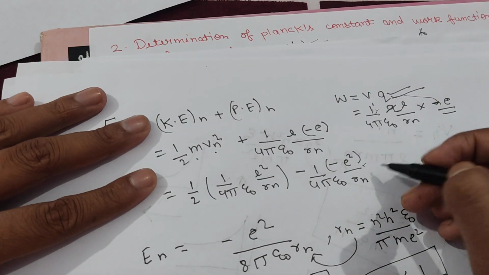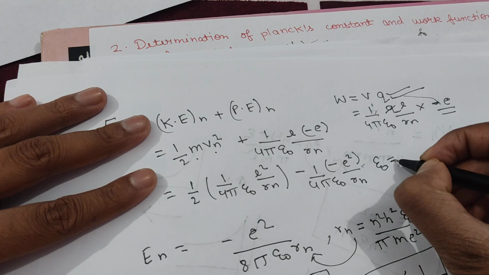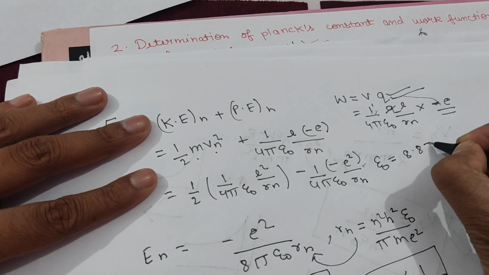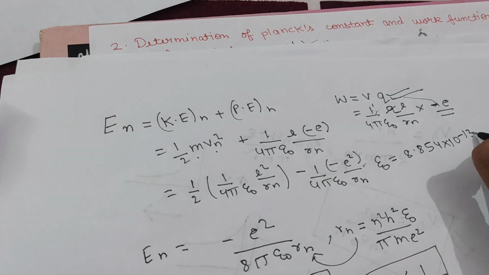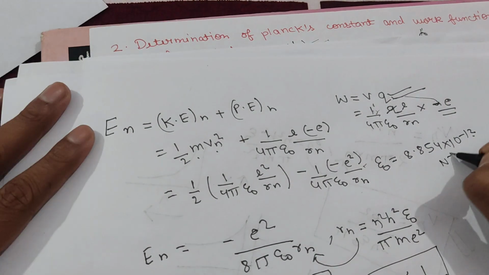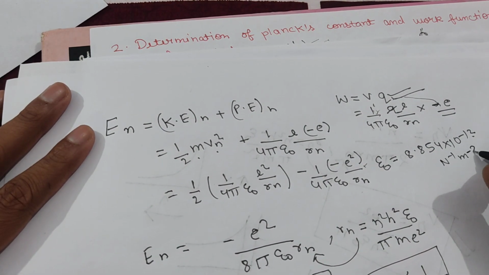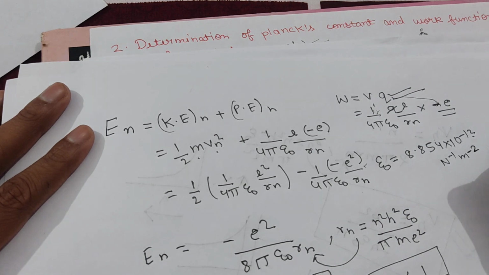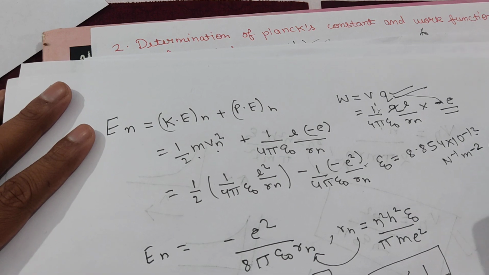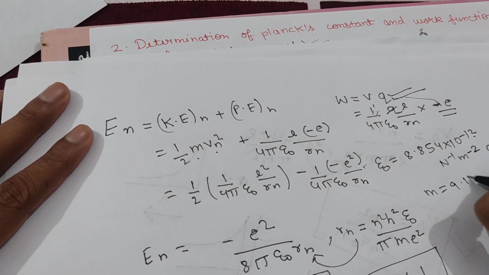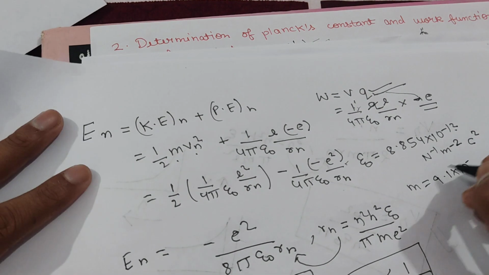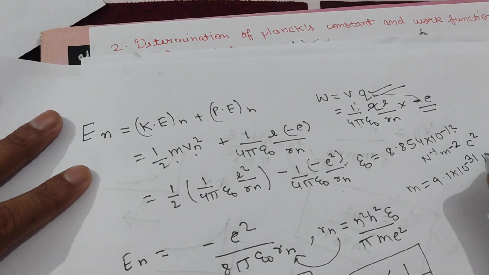What is epsilon naught? Epsilon naught is 8.854 into 10 to the power minus 12, in coulomb squared per newton per square meter. Okay, and m_e is equal to 9.1 into 10 to the power minus 31 kg.